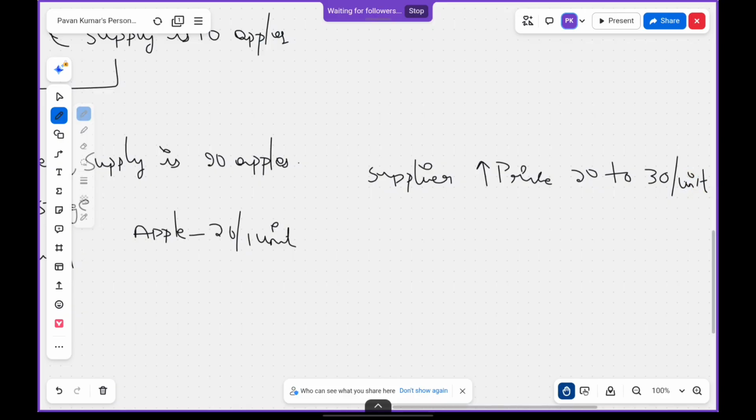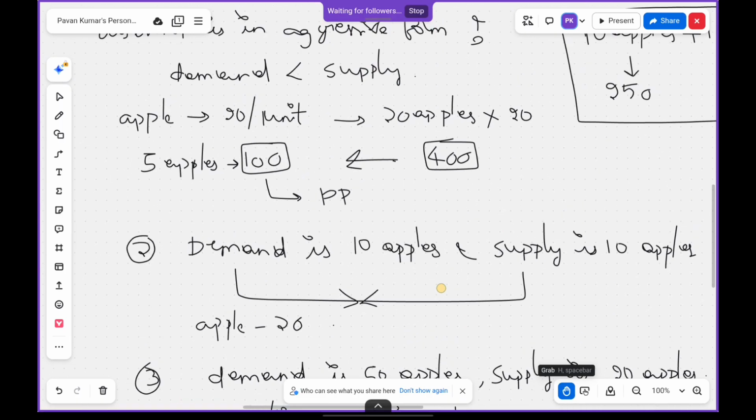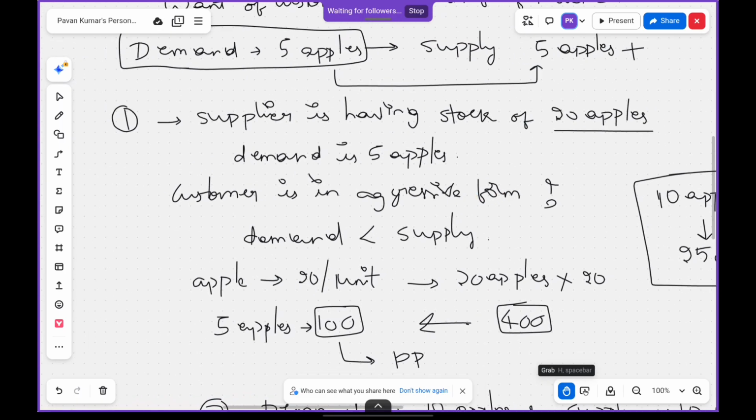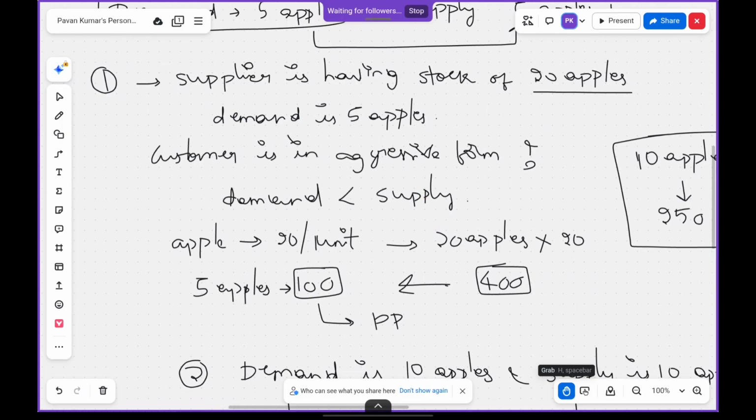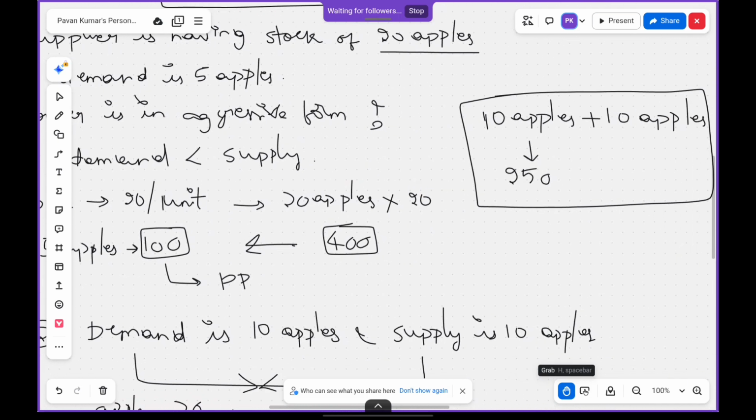Understood? So in stage 1, the supplier had a stock of 20 apples, but the demand was only for 5 apples, so the customer was in the aggressive form and benefited with more offers.